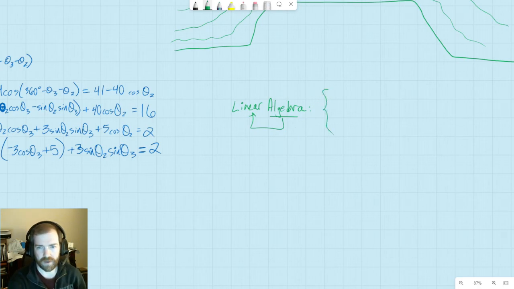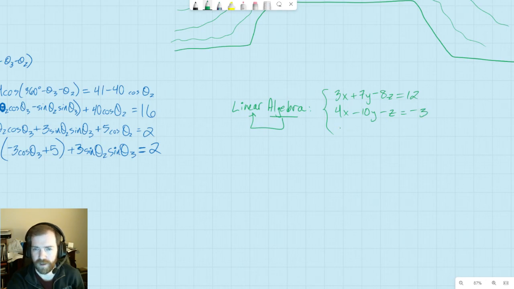You're saying, okay, in a 3x3 system of equations, 3x plus 7y minus 8z is equal to 12. 4x minus 10y minus 1z is equal to negative 3, and negative 5x plus, no, not 7, because that's already used. 6y minus 4z is equal to negative 50, right?